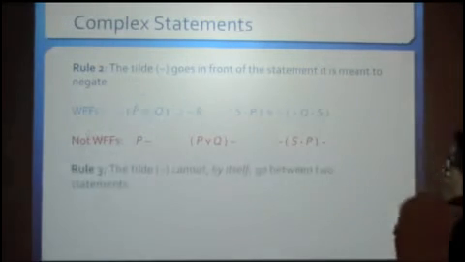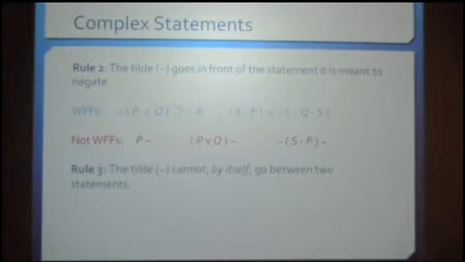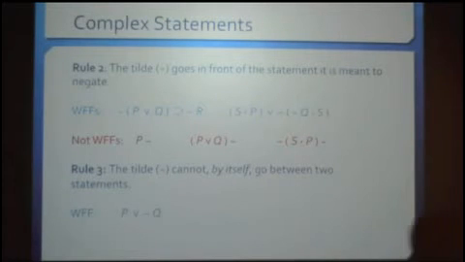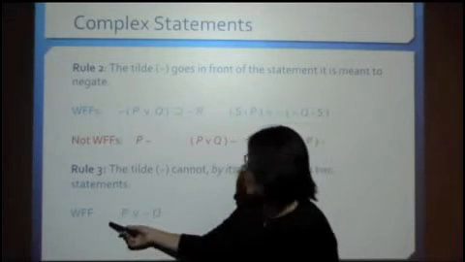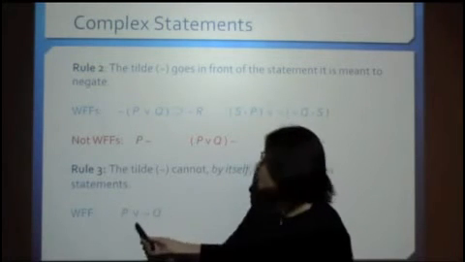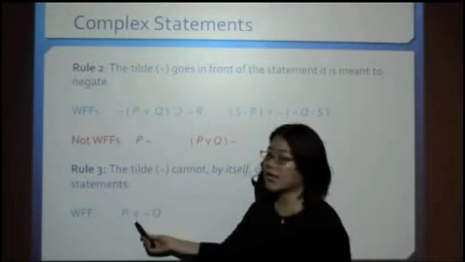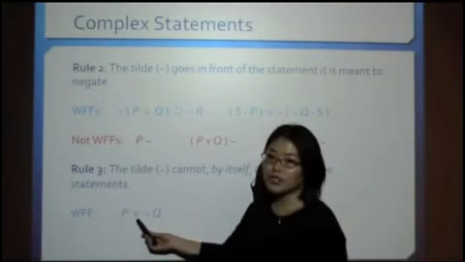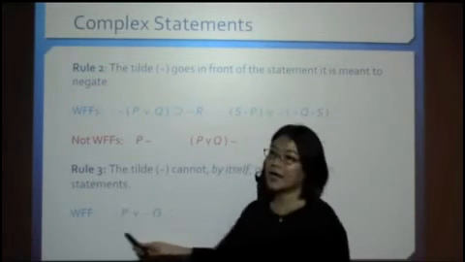The third rule for the grammar of propositional logic is that the tilde cannot by itself go between two statements. So here's an example of a well-formed formula that illustrates this rule. Here we have a statement, and this statement is actually a disjunction, because the disjunction wedge pulls together the two largest units that make up this entire statement.